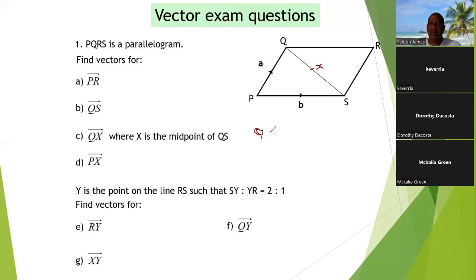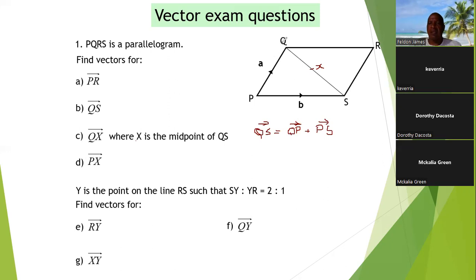QS would be equivalent to the vector QP plus the vector PS.